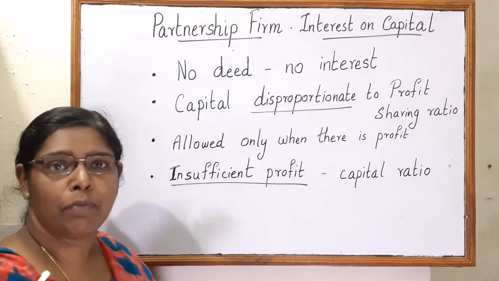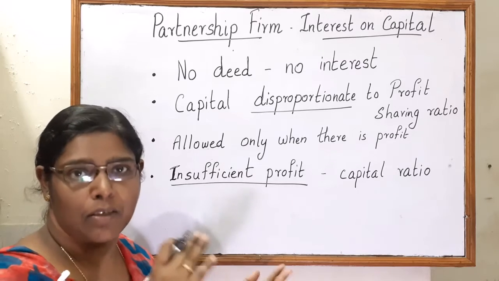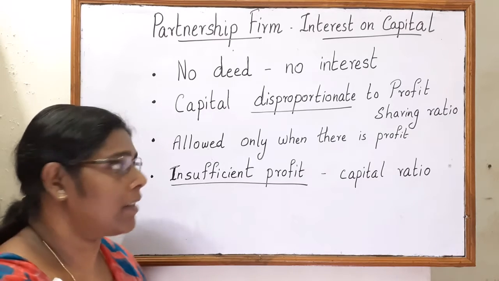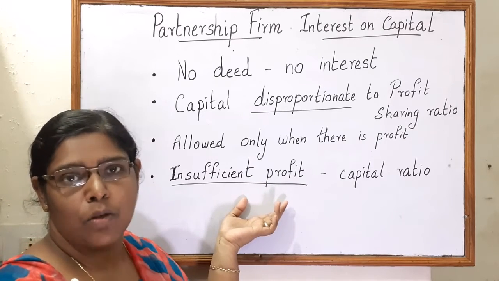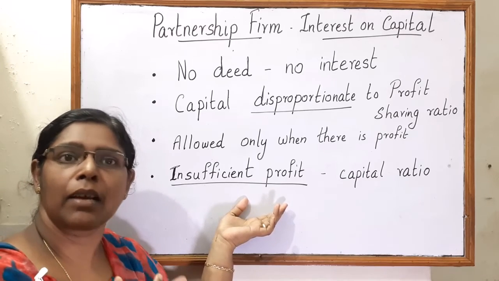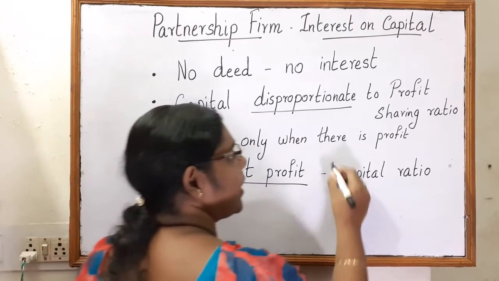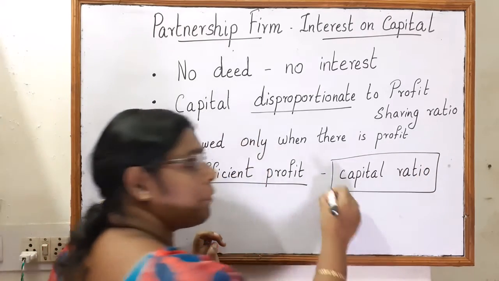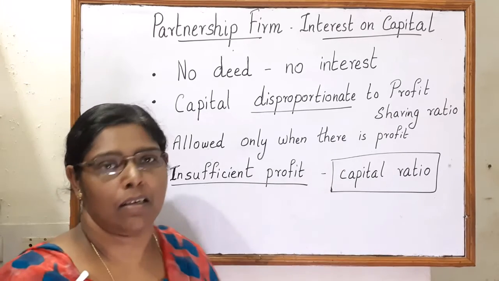Say if the net profit is less than the amount of interest on capital, then we will not provide interest on capital. What we will do, we will share the profit in the capital ratio. The profit will be shared among the partners in the capital ratio.